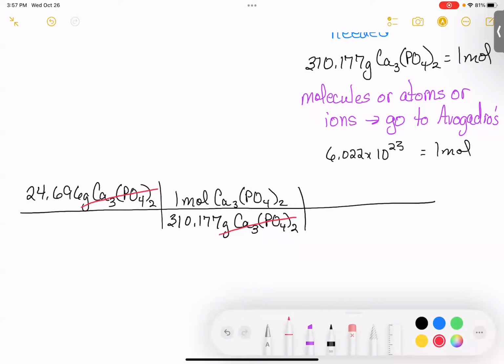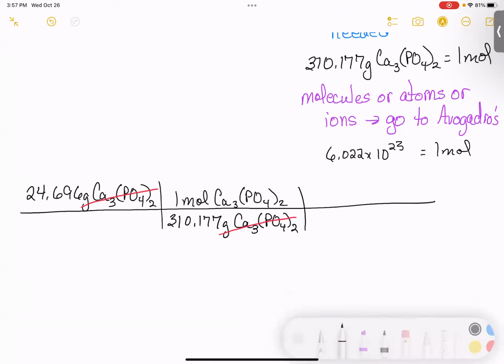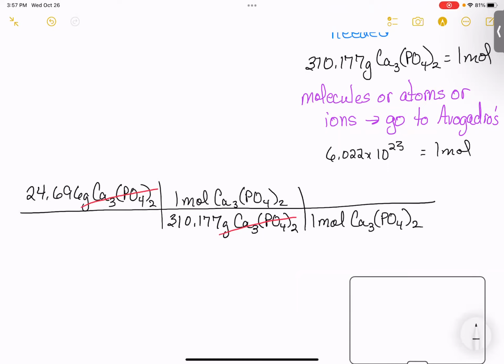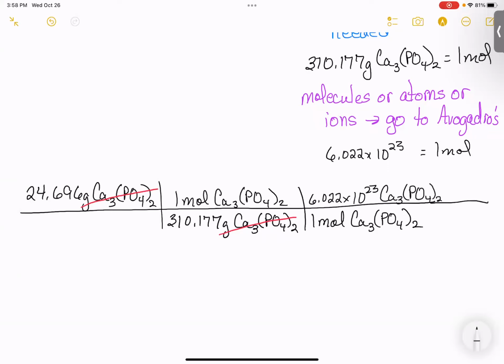Next, I now have moles, but I wanted molecules. So now's where I'm going to use Avogadro's number. 1 mole of Ca3(PO4)2 is going to have 6.022 times 10 to the 23rd Ca3(PO4)2 molecules.